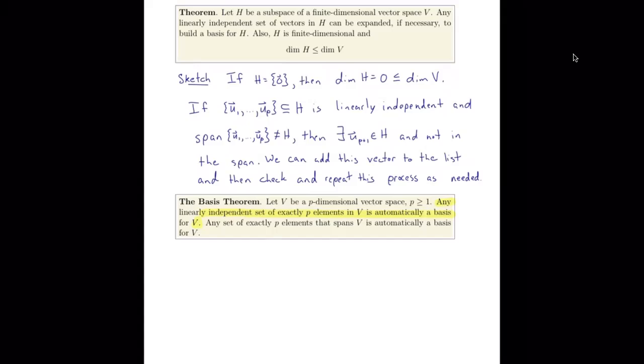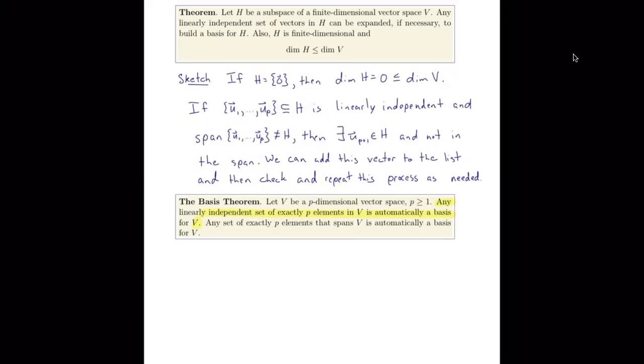So an argument by contradiction would tell us this. Suppose we have this set of p elements that are linearly independent in this p-dimensional vector space V. Well, if the set doesn't generate V, it doesn't span V, well, then we can do the same method we did above and go looking for a vector that's not in the span and add that to the set so that it will span V. Now, the problem with that is we would be adding a vector that is linearly independent, right?